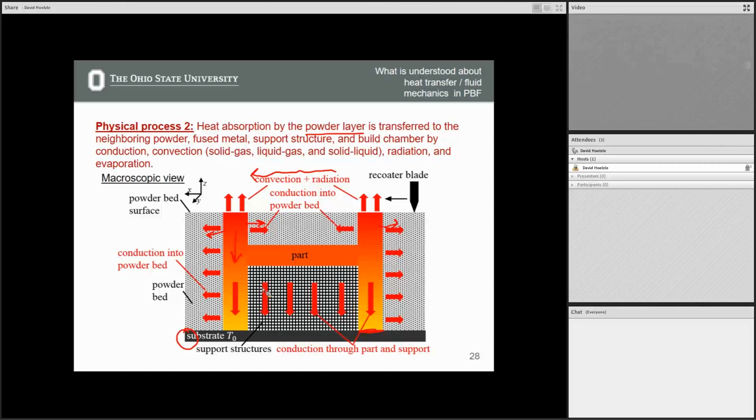So we build these directly on this build platform, precisely because we want really effective heat transport into that large heat sink, is the idea. I forgot to mention, so we have heat conduction through the part. It's also going through the support structure, and that's, as we discussed in the anatomy of a part, a primary function of that support structure, is actually to exhaust heat.